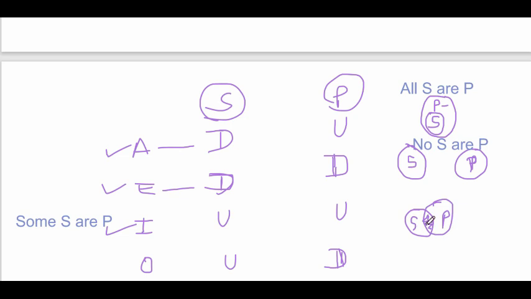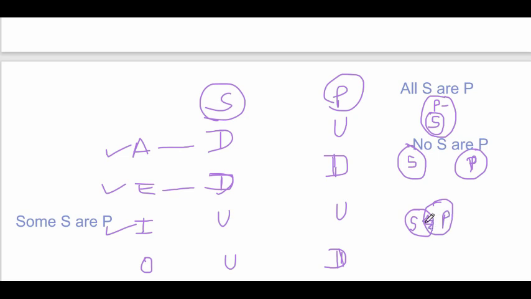This is very, very simple to understand. I'll repeat again. Some part of the S is in P. That is why it is undistributed. It is not complete like the E proposition type. And similarly, in the I proposition type, the predicate also has some part in the subject.